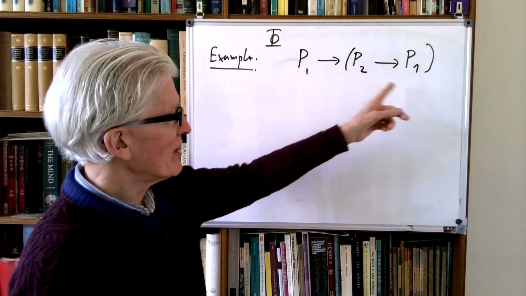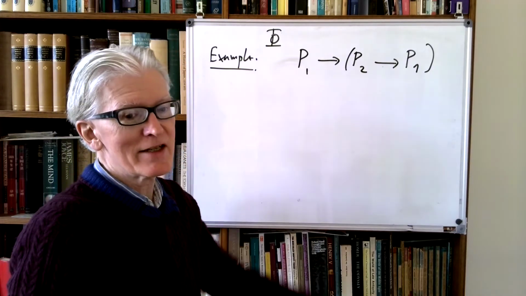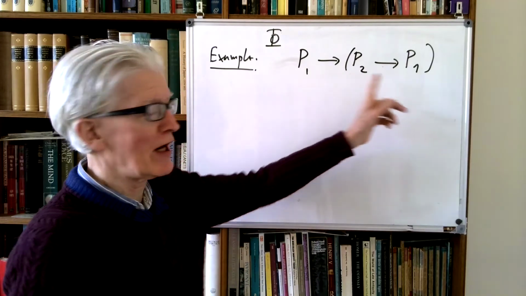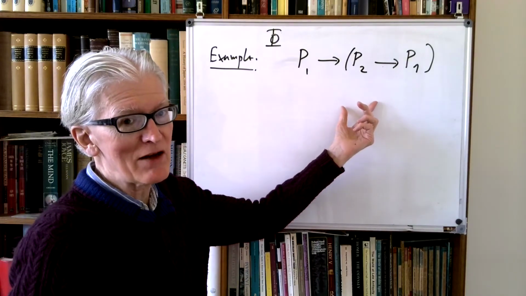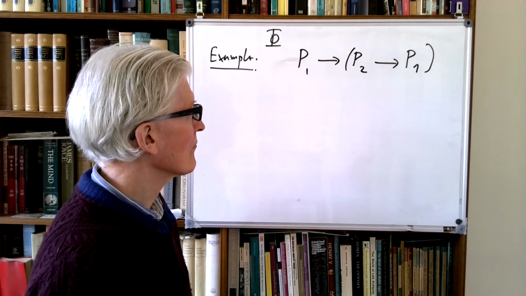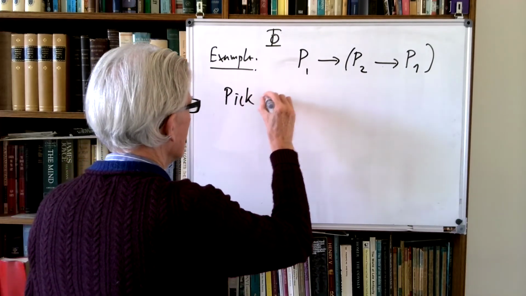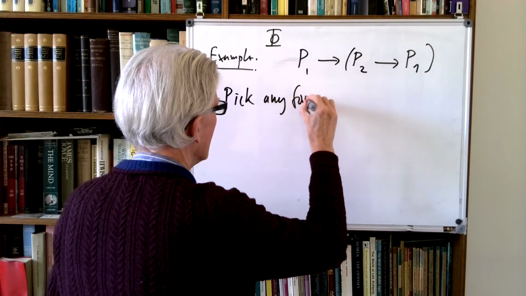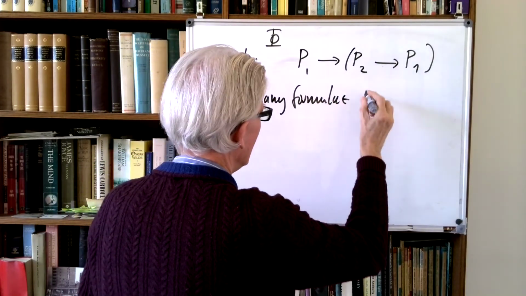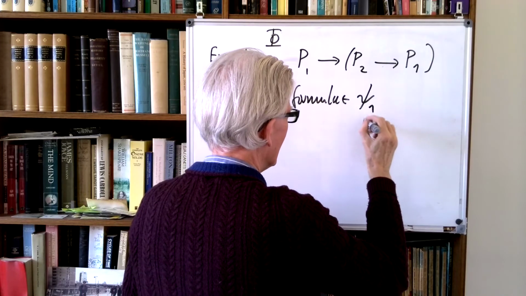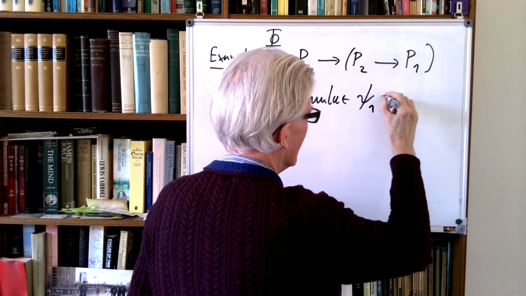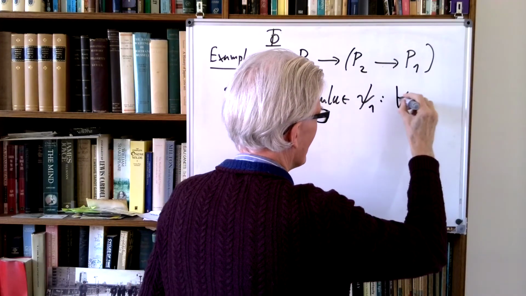If you look at the truth table for this, you'll get T's on each of the 4 lines that this truth table will have, right? And now I pick any formula, let's say psi 1, so just pick something.